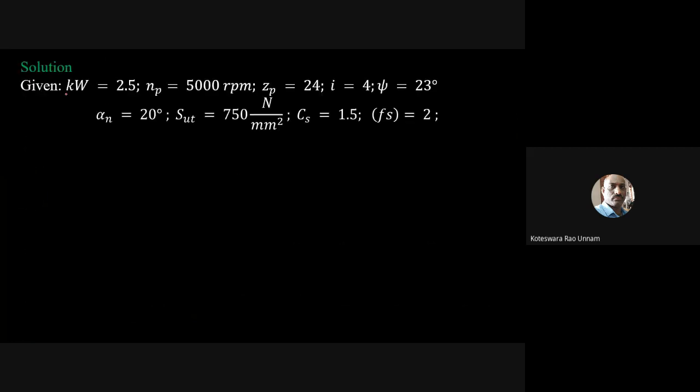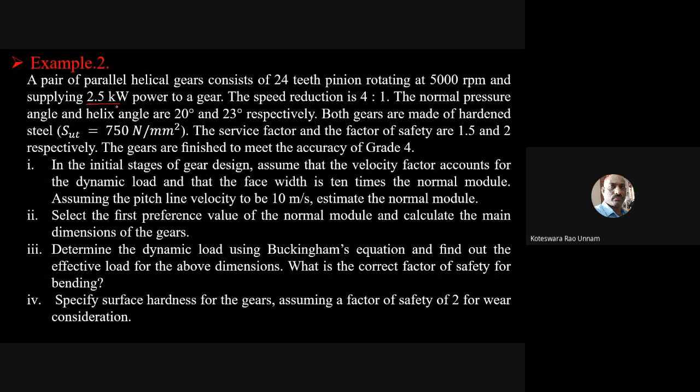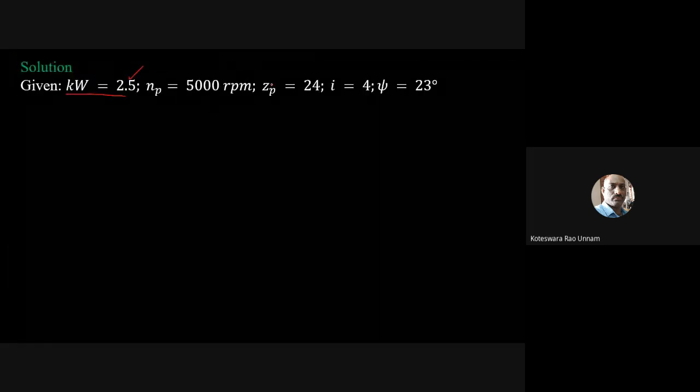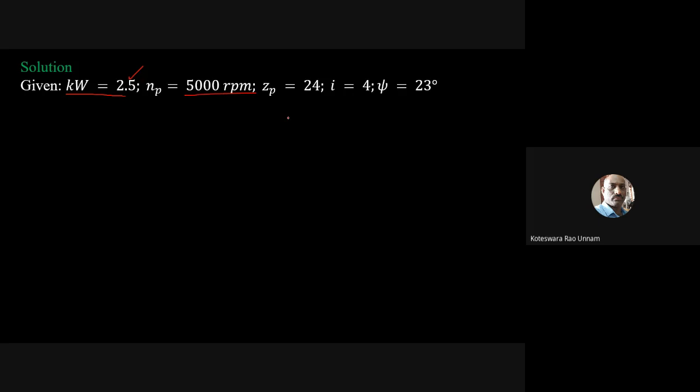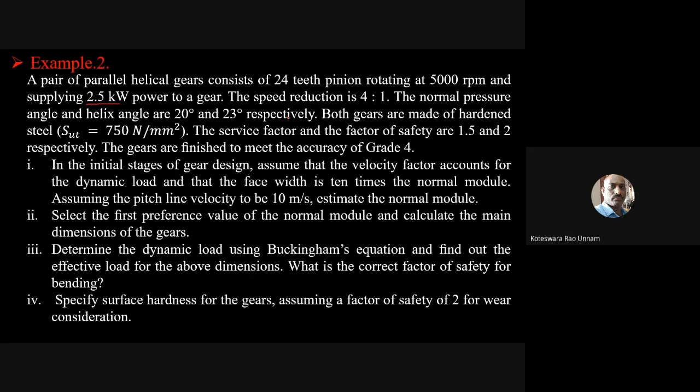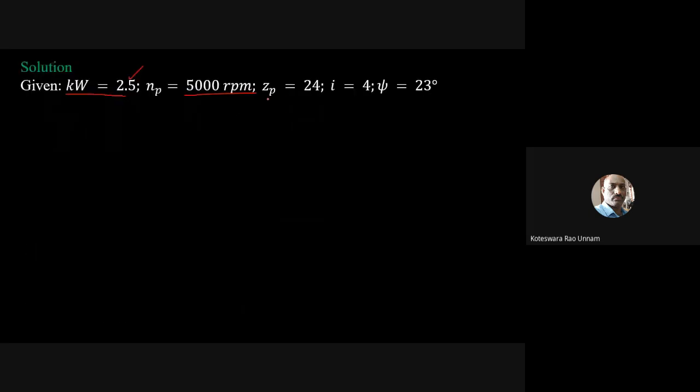So first, the given data: power transmitted is 2.5 kilowatts. Speed of the pinion is 5000 RPM. Number of teeth on the pinion is 24.